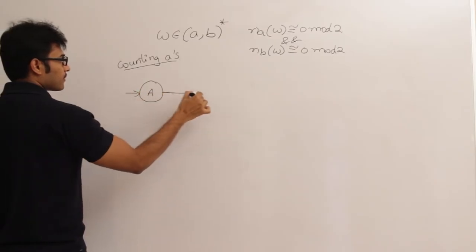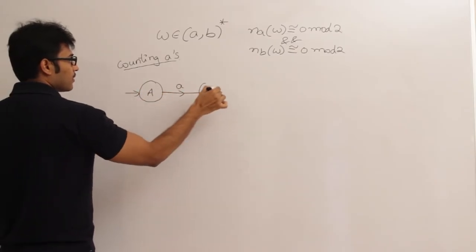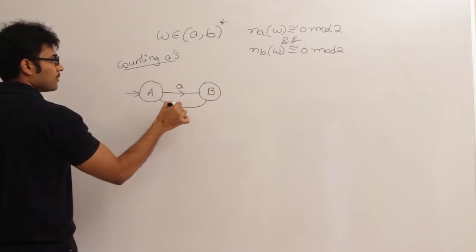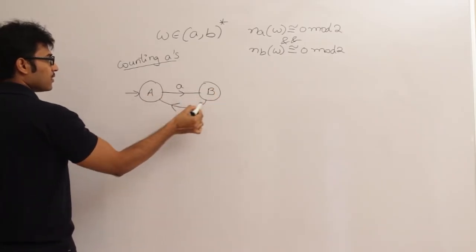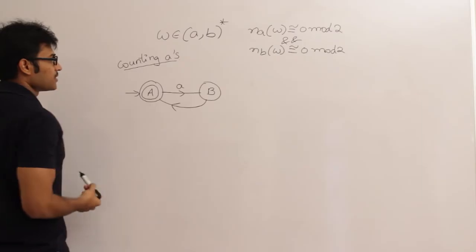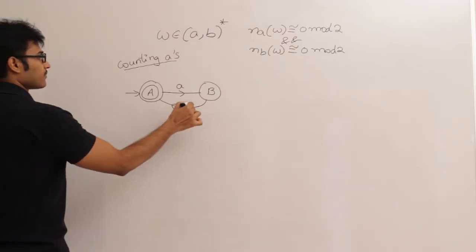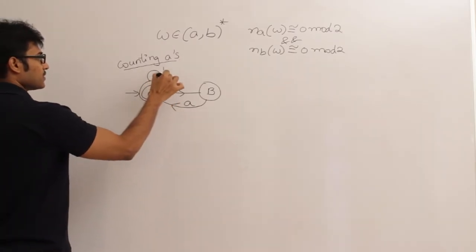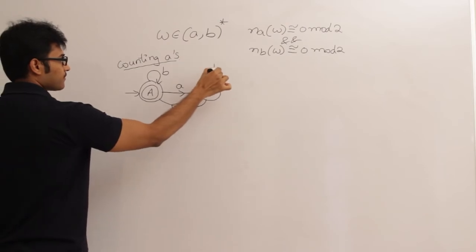Capital A, capital B. This is going to count 0 A's, 1 A, 2, 3, 4, 5, so state A represents an even number of A's and state B represents an odd number of A's. I am not counting B's here, so B's are going to be self loops here.